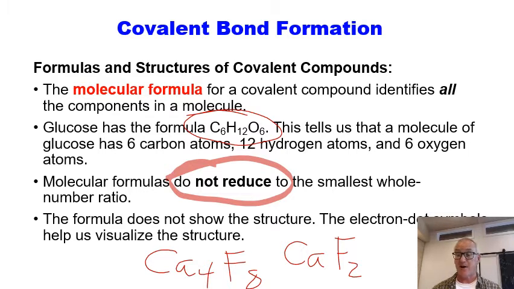Glucose has 6 carbons in it, not 1. So I can't reduce those. Ionic, I can, because I just need the simplest number of charged elements that give me a net charge of 0. Since there's no charge in covalent compounds, and they can be put together in all kinds of bizarre ways, I have to have each one of those elements there and exactly the number that's given, okay?